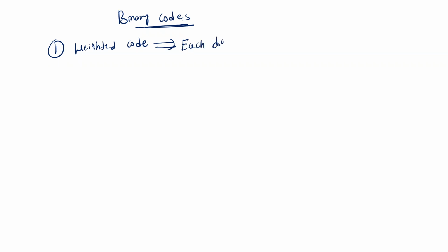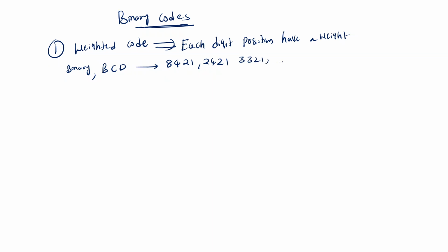Suppose you consider BCD code. These are what we call 8421, 2421, 3321, and 4221. Some codes are there. The codes which have weights are what we call weighted codes.